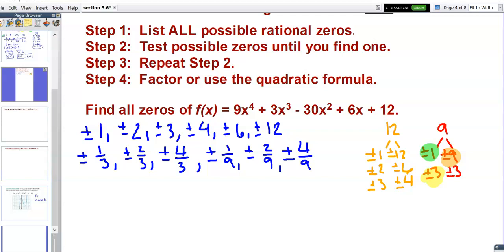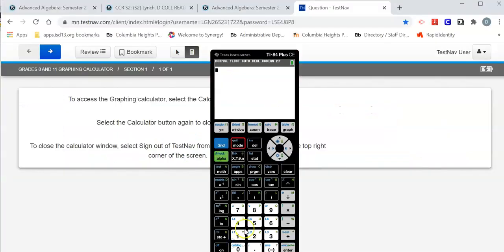Now let's check to see which one could possibly be a solution, or where some possible solutions are. We're going to go ahead and graph this equation. I already typed this in on my calculator, so if you need to pause and do the same, go for it.